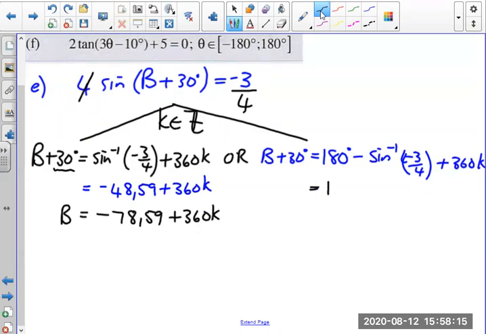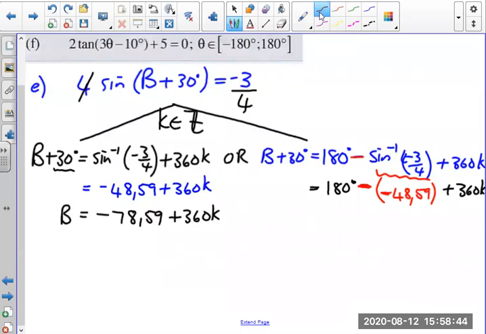I'll go to the other leg. I will get minus. Now can you see there's a minus, there's the minus. Shift sine of minus 3/4 is minus 48,59 again. And then this minus and this minus will become a plus.